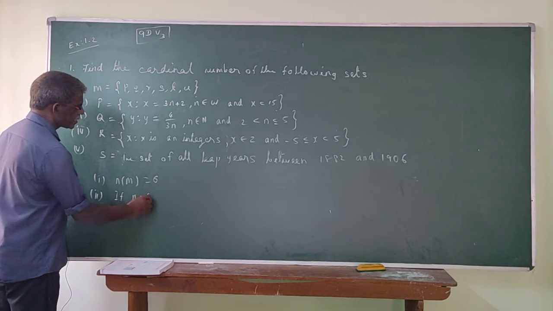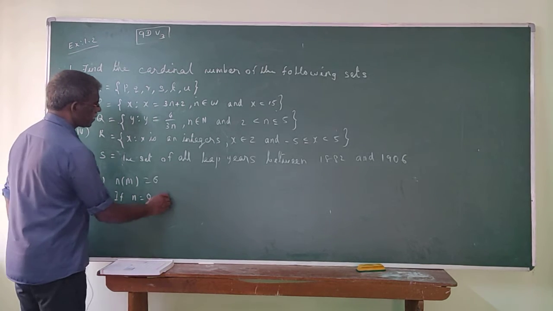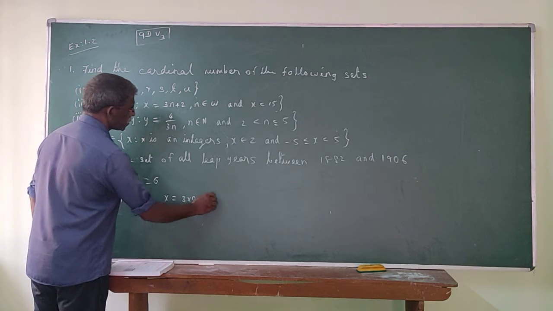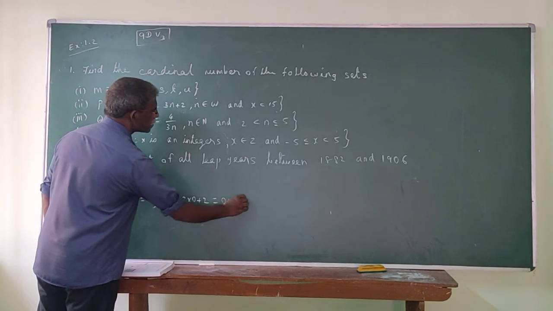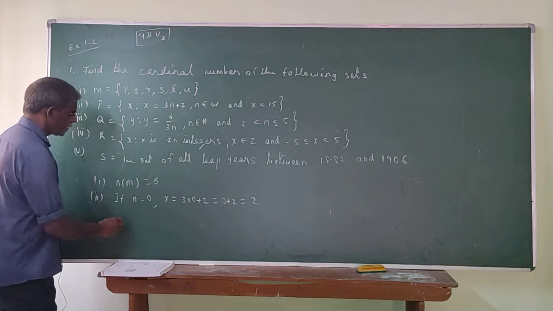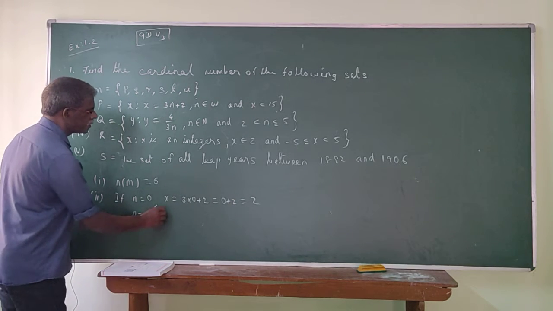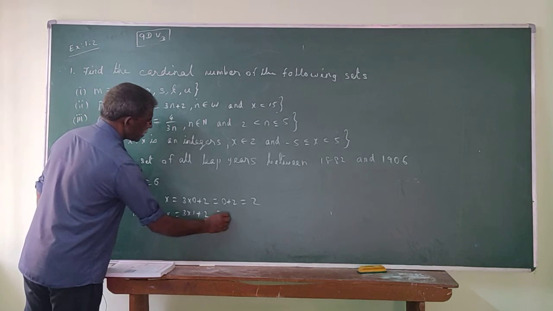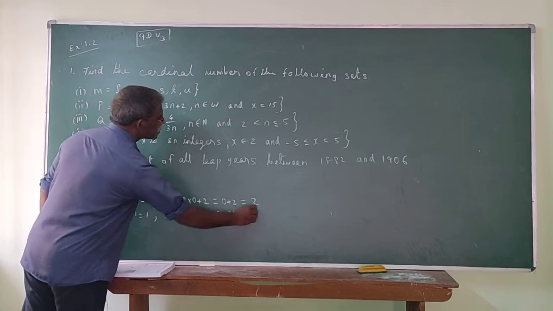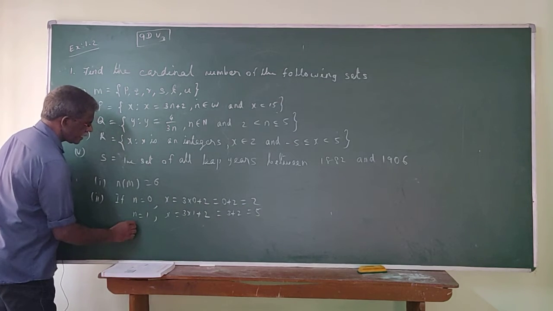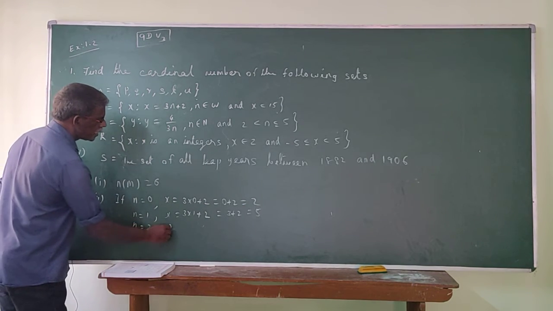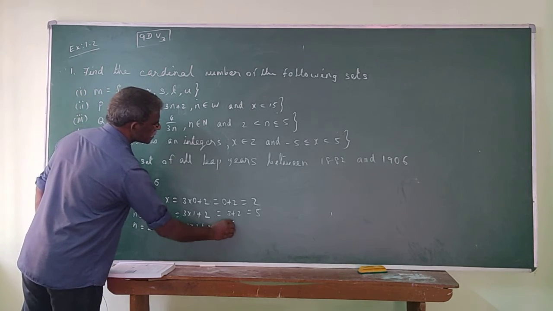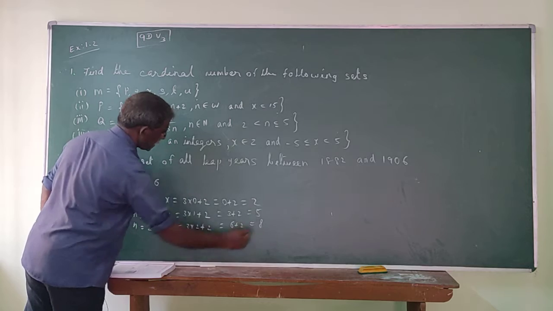If n is equal to 0, then x equals 3 into 0 plus 2, which is 0 plus 2, equal to 2. Then n is equal to 1, x is equal to 3 into 1 plus 2, which is 3 plus 2, equal to 5. Then n is equal to 2, x equals 3 into 2 plus 2, which is 6 plus 2, equal to 8.